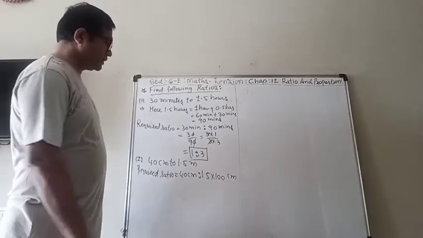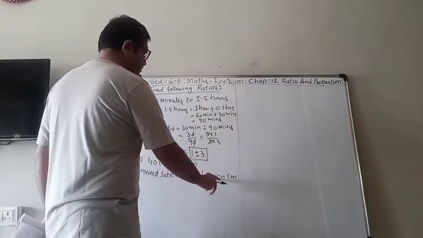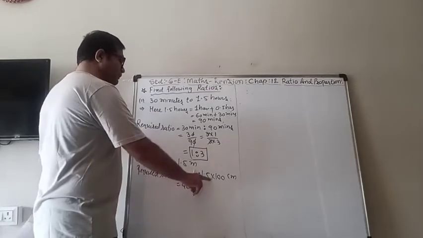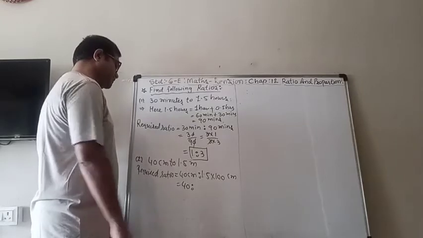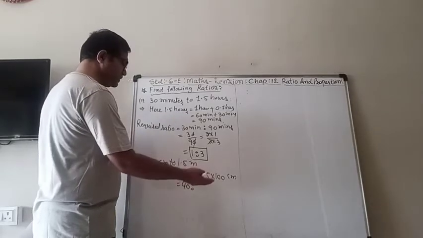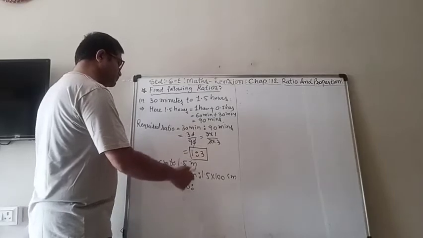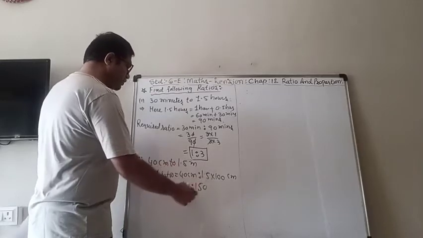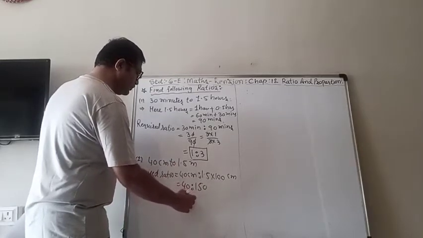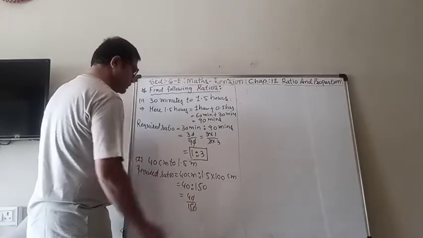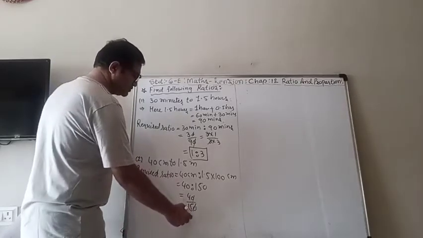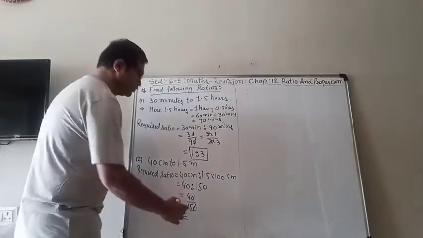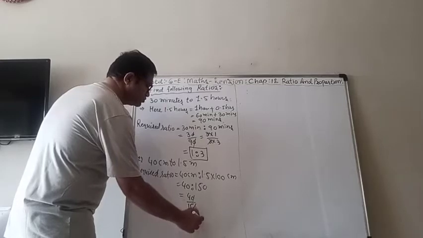So it is equal to 40 is to, now 1.5 multiplied by 100 means 1 meter is 100 centimeter plus another 50, so it will be 150. So now it is equal to 40 upon 150. Now there is no cancellation because 4 and 15 don't have any common factor other than 1. So our answer is 4 is to 15.